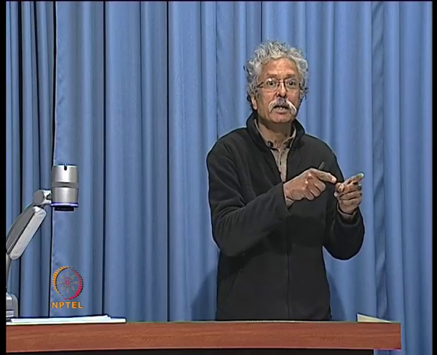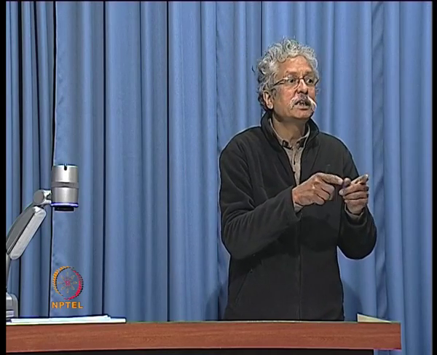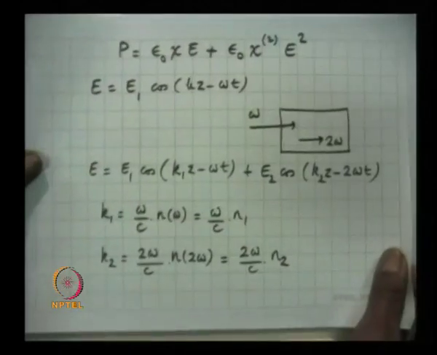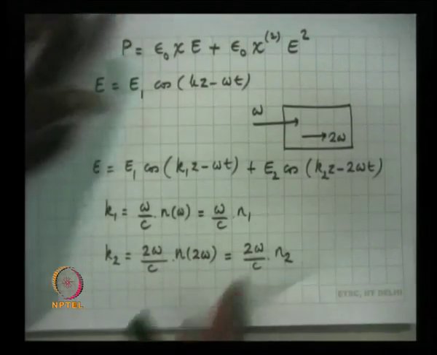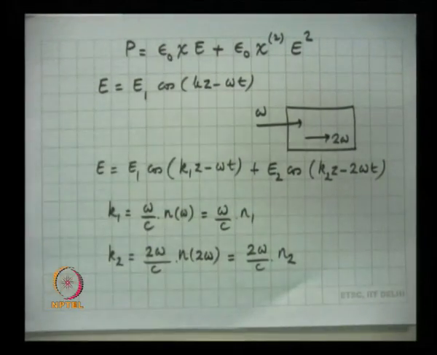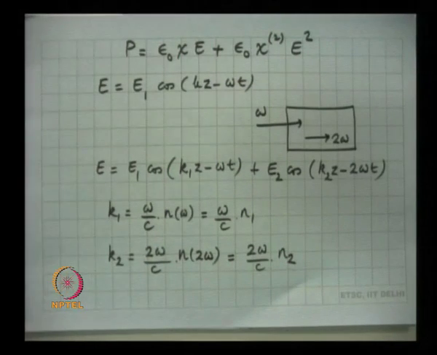That is, omega plus omega giving you 2 omega and 2 omega minus omega giving you omega are the same phase matching conditions. So, what will happen is, if I take this medium and launch 2 omega frequency into the medium, omega will generate 2 omega and 2 omega and omega mix to generate omega. So, that is a coupling that is taking place between omega and 2 omega frequency.